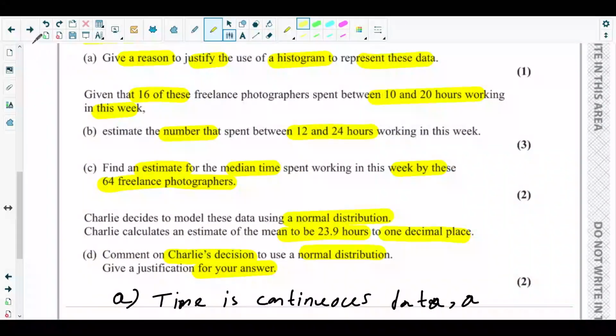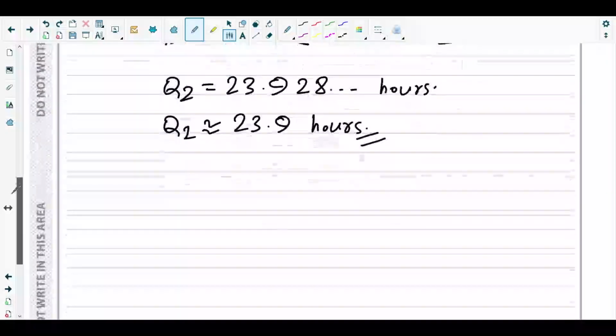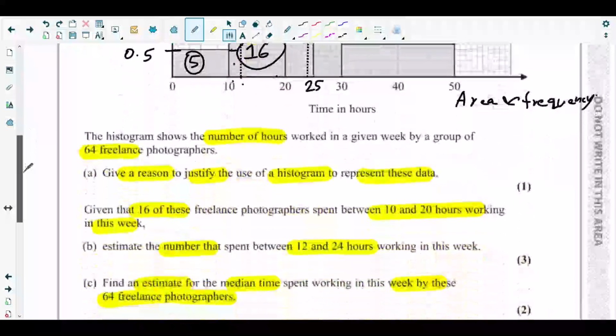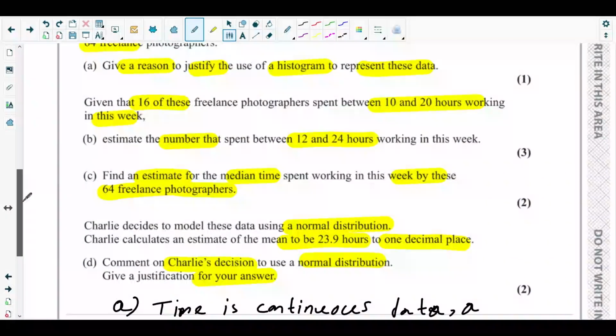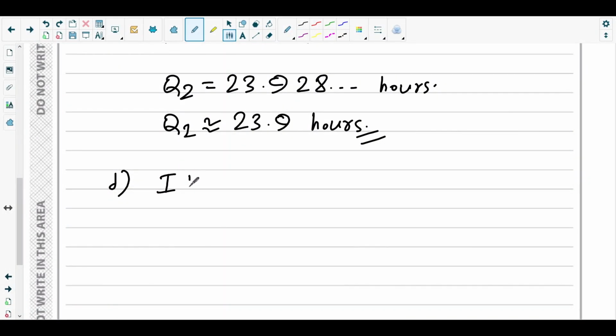So for part D, we have to comment there. It's a correct decision.